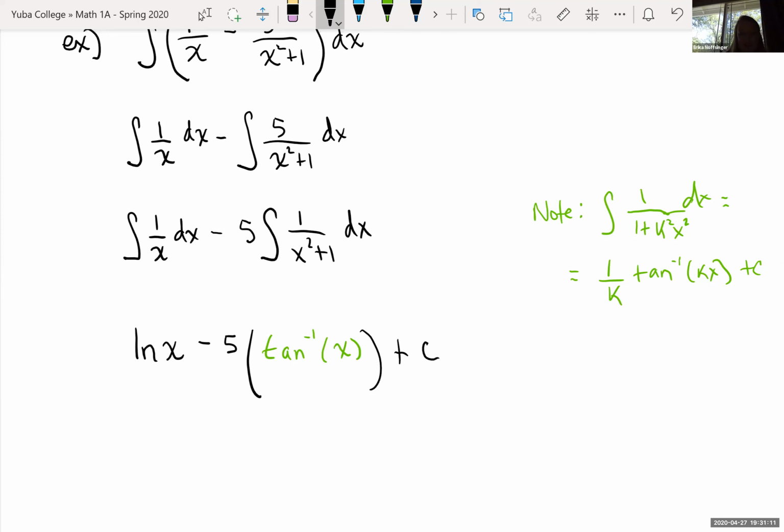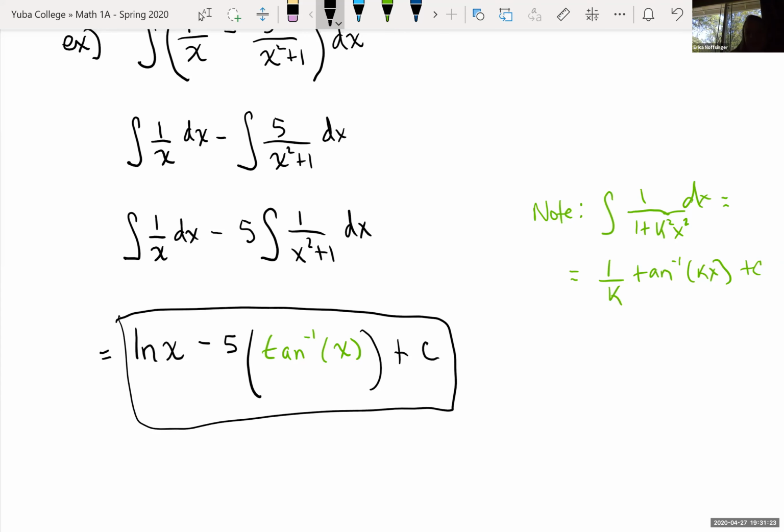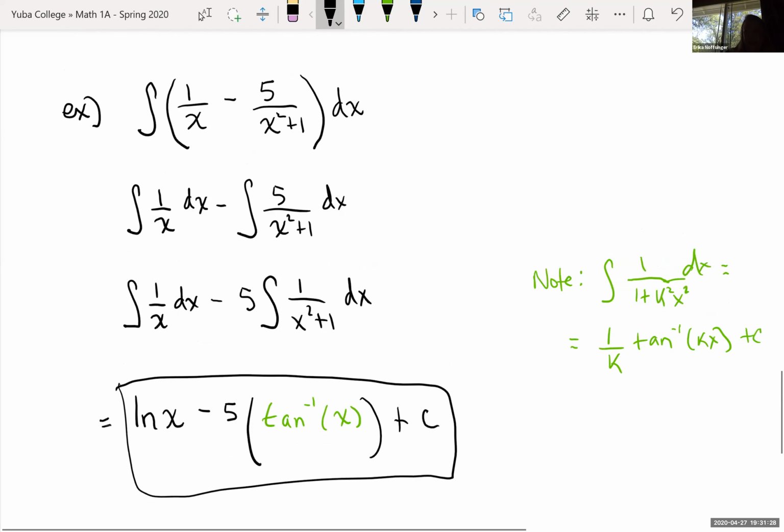Well, a constant plus a constant is still a constant, so it doesn't matter how I write it. I'm just going to write it as plus c. And we took the antiderivative. So if I took the derivative of what we just found, I should get back this integrand, 1 over x minus 5 over x squared plus 1.